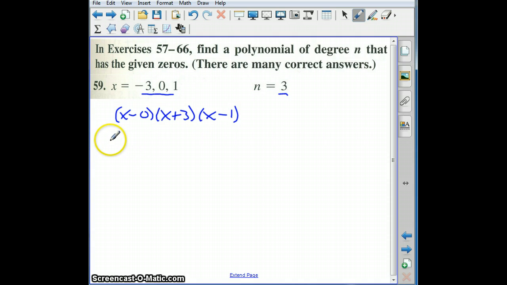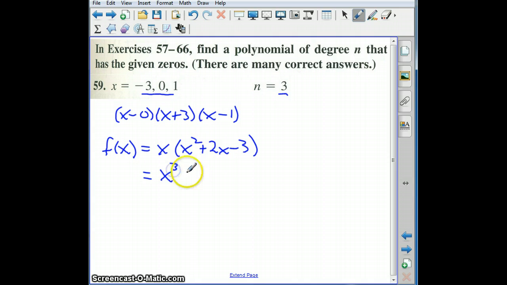So let's do it. That's going to be f of x is equal to x times x squared. I'm going to do FOIL on these two now. x squared plus 2x minus 3. And my final answer is x cubed plus 2x squared minus 3x.